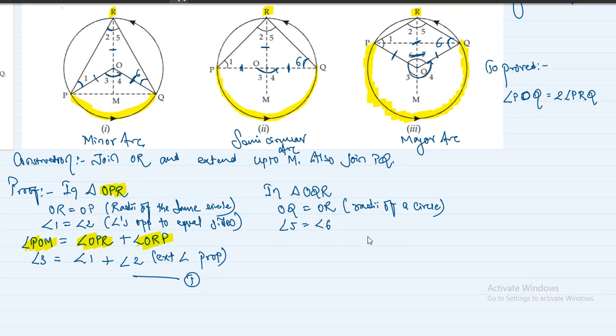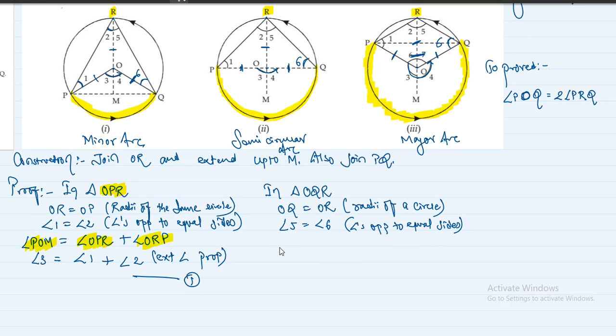Why is angle 5 equal to angle 6? Angles opposite to equal sides are equal. Right? OQ is equal to OR, so angle 5 is equal to angle 6.